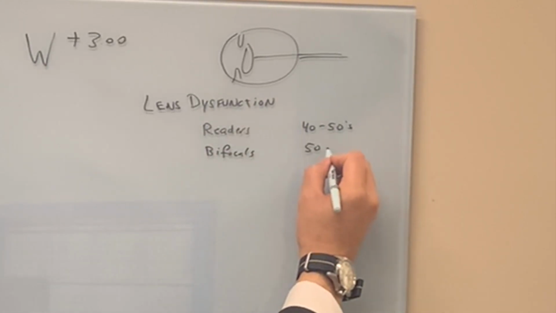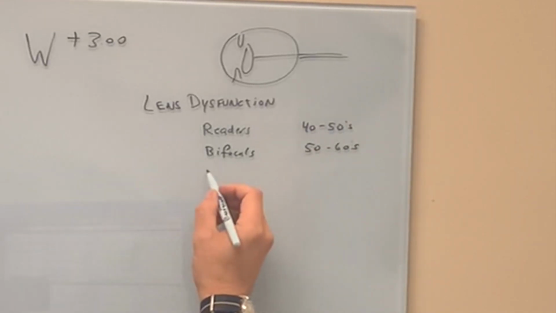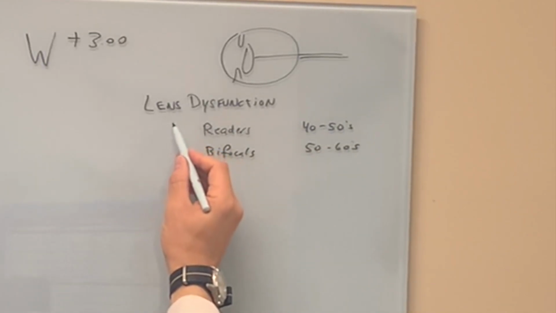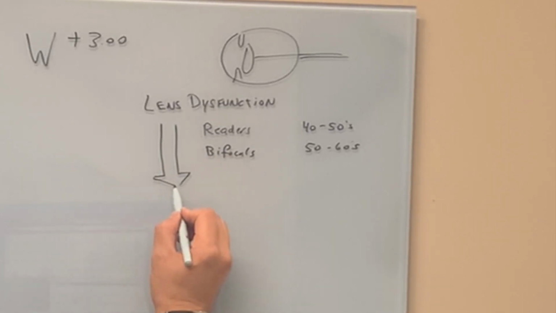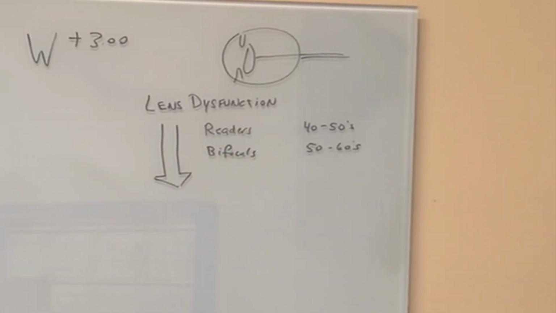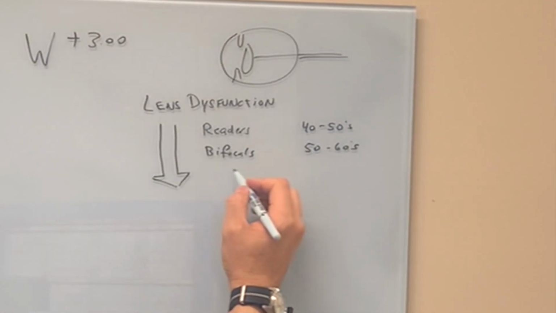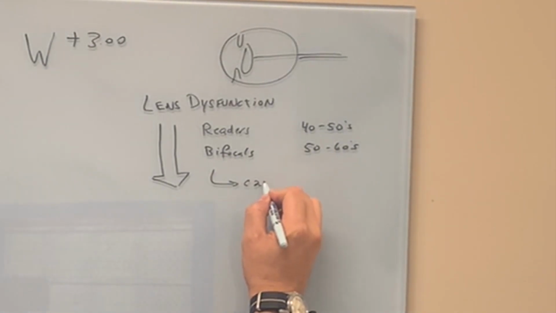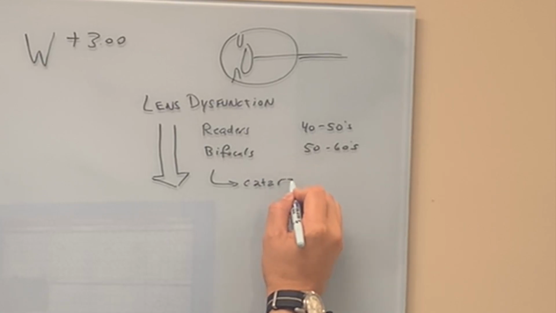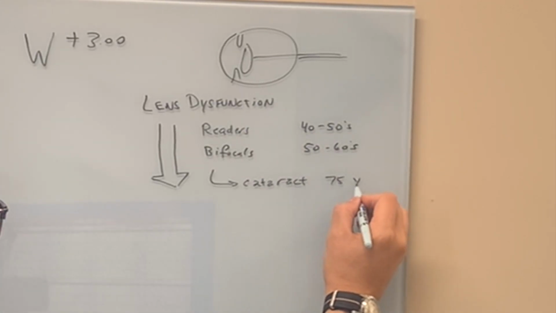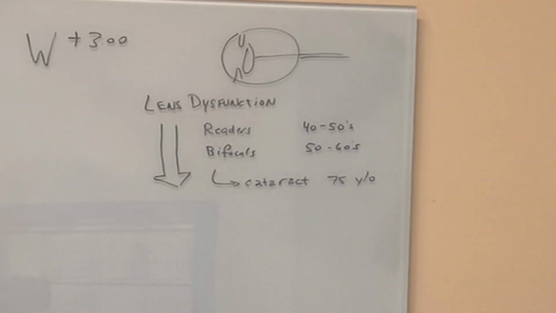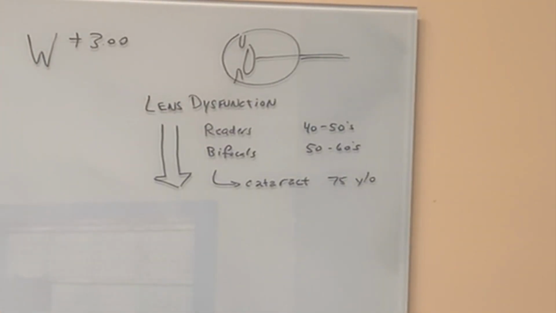That's going to be their 50s, 60s. And then classically, once we get really bad lens dysfunction, as this gets worse and worse, and the vision declines and the lens hardens and no longer is flexible, now we're looking at cataract surgery. And I think classically in our practice, it's our 75-year-old on average. So it's a gradual decline, step by step, throughout our life.